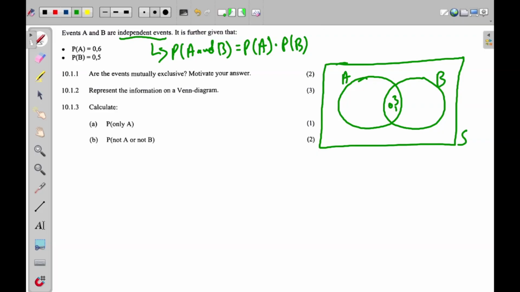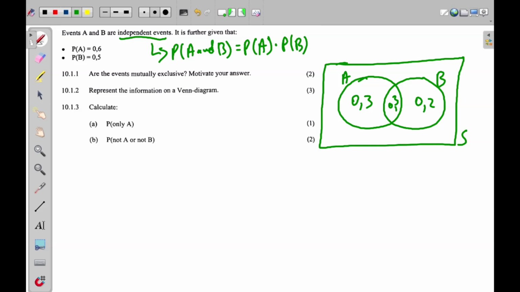So that's the sample space. Now, I know that the probability of A is 0.6, so I must subtract the 0.3 so that I know the probability of A only, so that is obviously 0.3. And then I must do the same thing with the B there, that will be 0.2. Now, it is time to check the math.